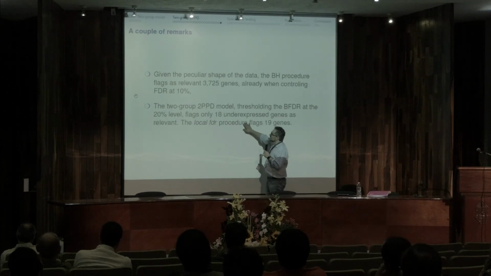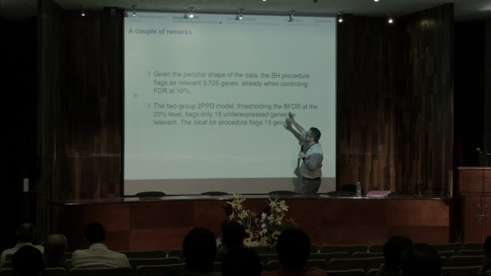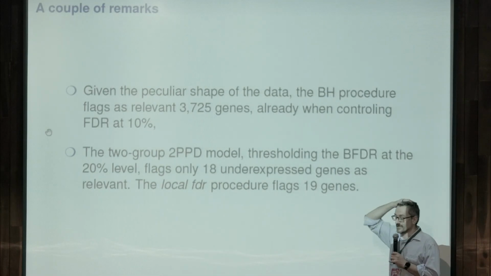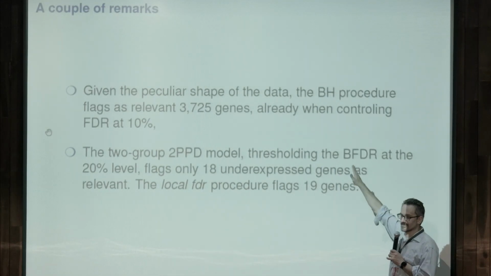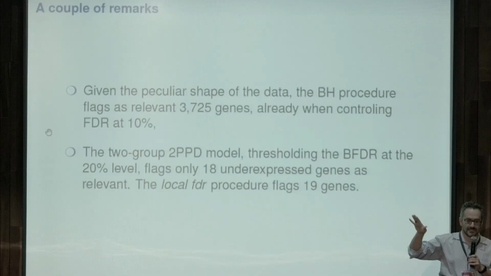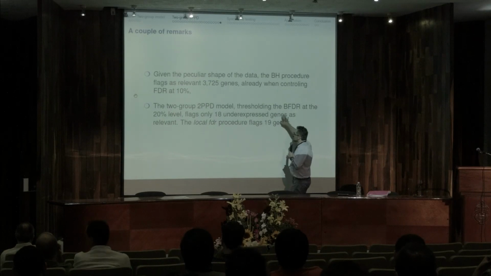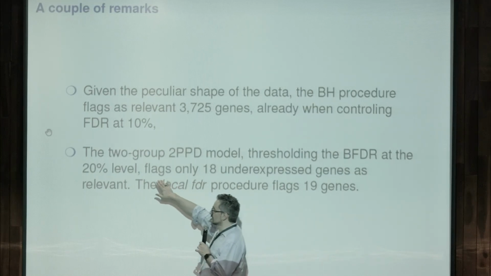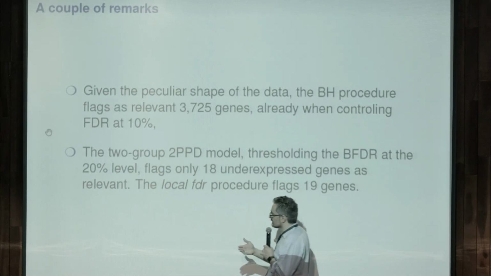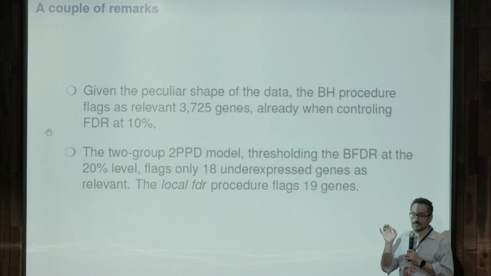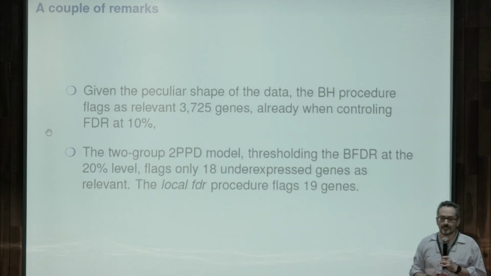First, the Benjamini-Hochberg procedure at 10% FDR already flags 3,572 genes, which is way too much, right? The local FDR and our model at the 20% FDR level, which is the one recommended, by the way, also by Efron, flag a much smaller number of genes.